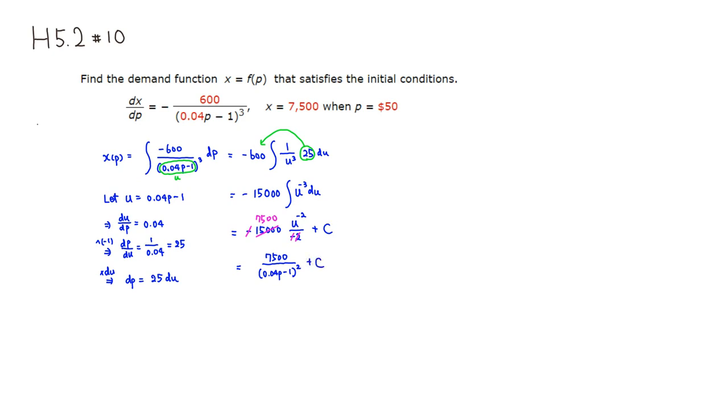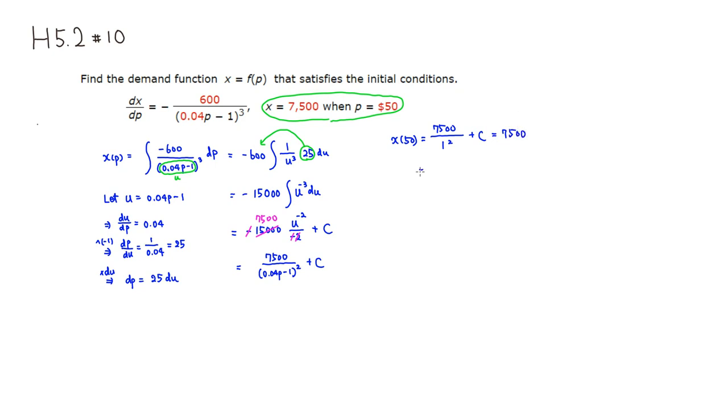Let's use this initial value condition to find the c value. So x of p is 50. If you plug in 50, you get 7,500 over 50 times 0.04, which is 2, minus 1, squared, so it's just 1 squared, plus c, and this is supposed to be equal to 7,500.